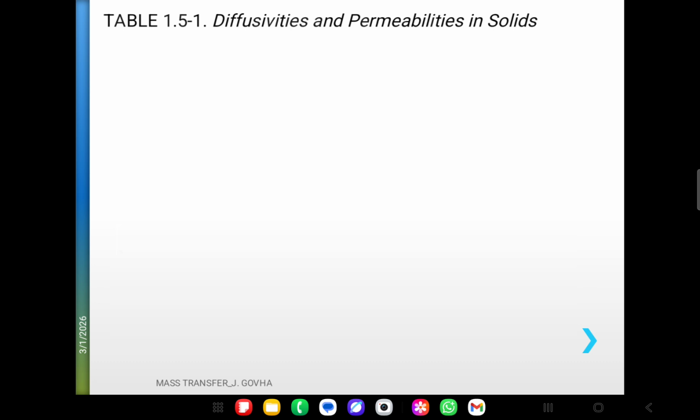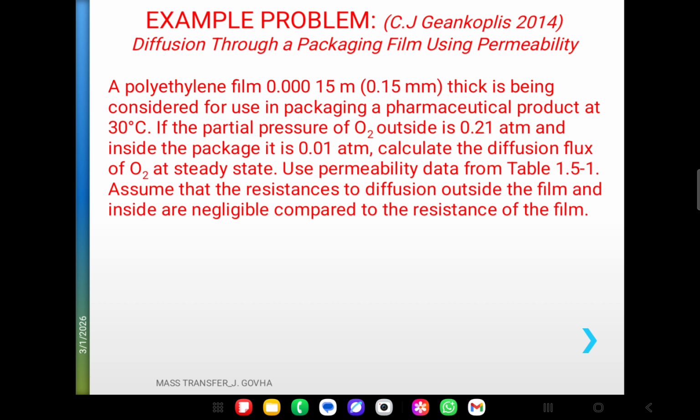We need to look at the compounds. So we are talking about polyethylene.